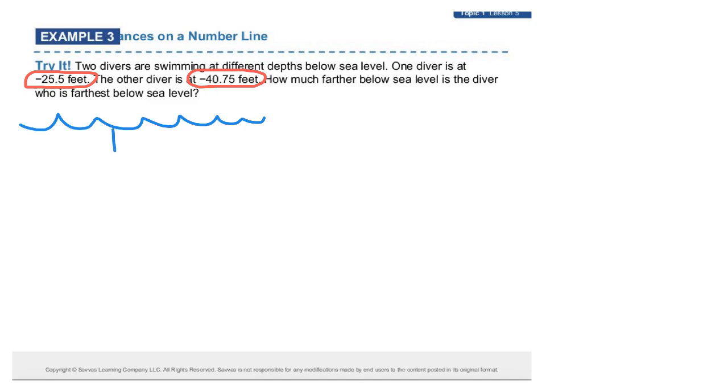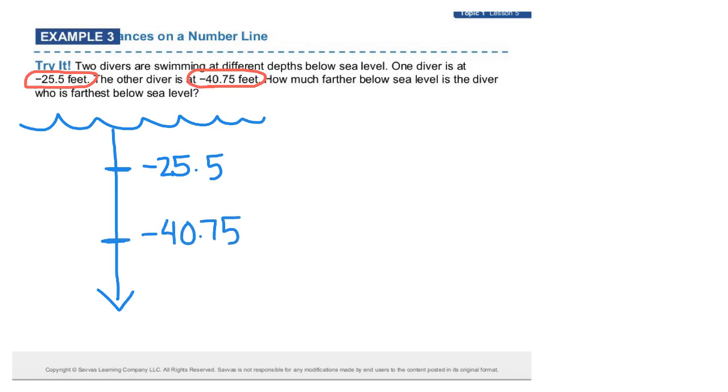Our first diver is sitting right here at negative 25 and 5/10 feet, and the other diver is right here at negative 40 and 7,500 feet, and we want to know how much further below. So we want to know this difference. Ooh, look at me using math words.